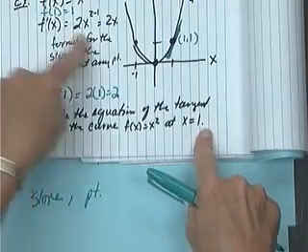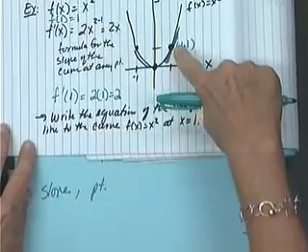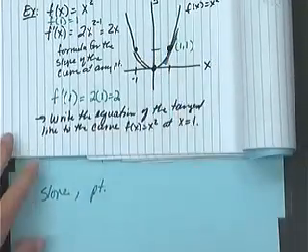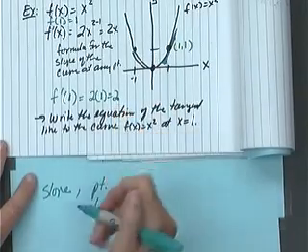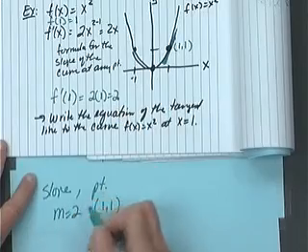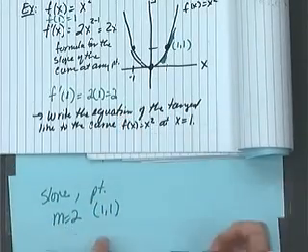What do we have already from this problem? We have a point, and we have the slope at that point, and I want the equation of the tangent line at that point 1, 1. All right, so the point is 1, 1. You just found the slope up here is 2. You can write it as m equals 2 because you're writing an equation of a line, right?